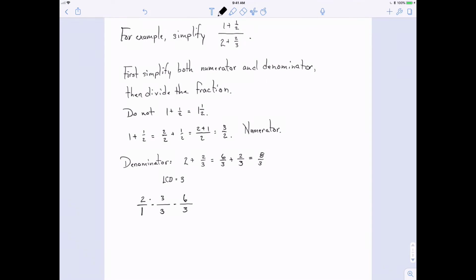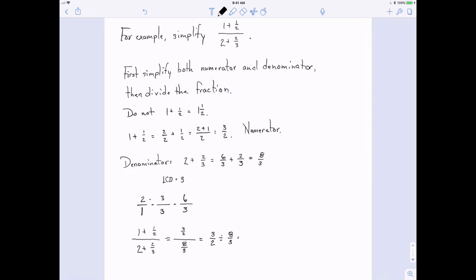And now we can return to the original problem. The problem began as 1 plus 1/2 over 2 plus 2/3. Now we know the numerator is 3 over 2, and I'm going to use a big line to keep the top and bottom separate, and the denominator became 8/3. What this problem says is the same as 3 over 2 divided by 8/3.